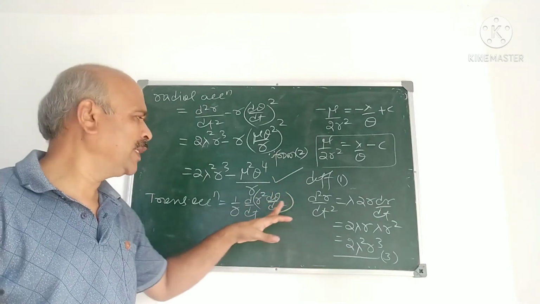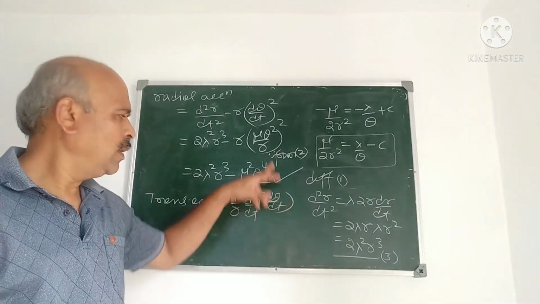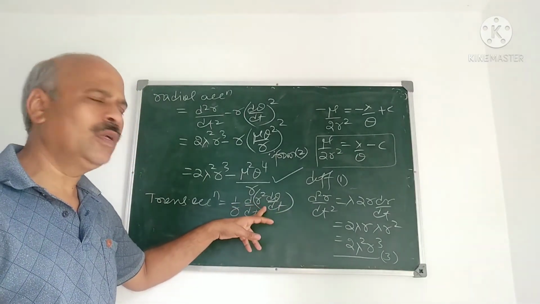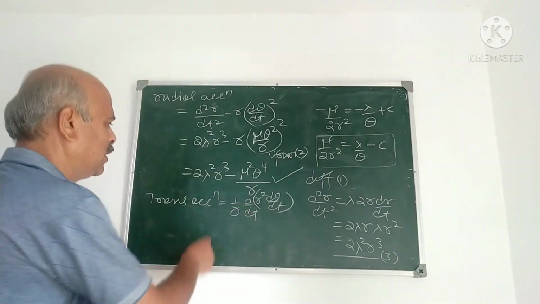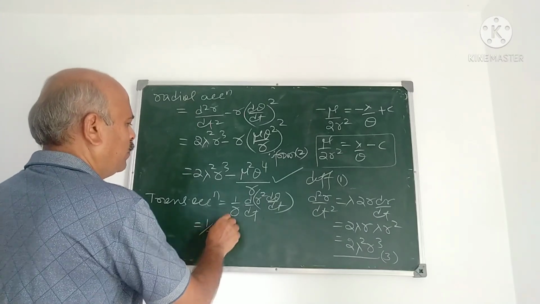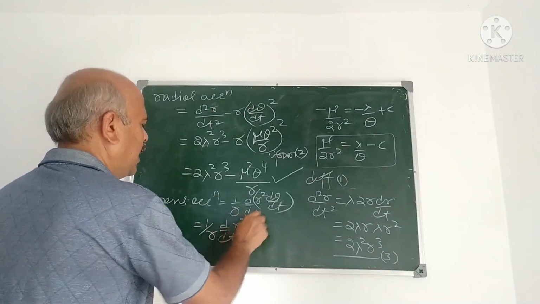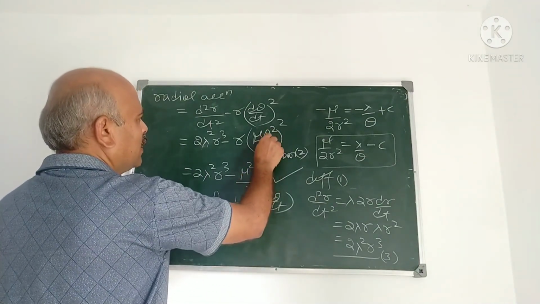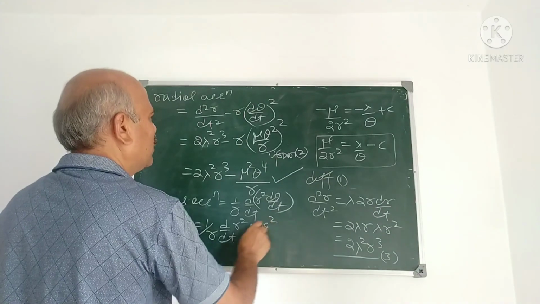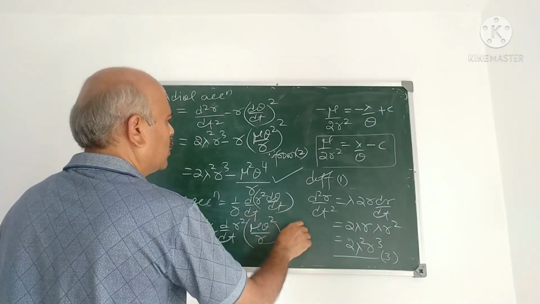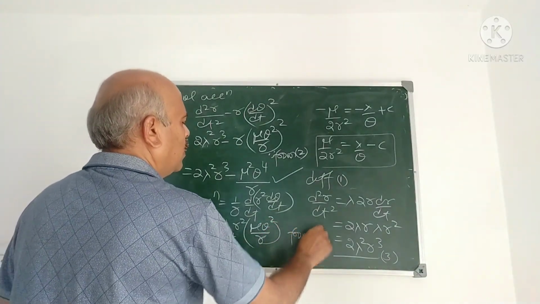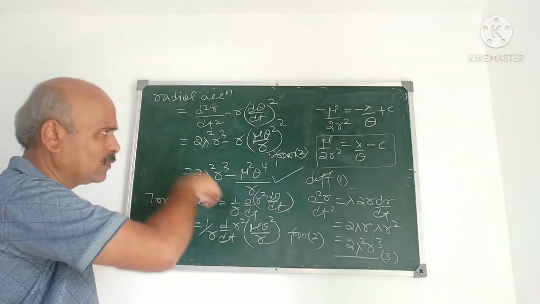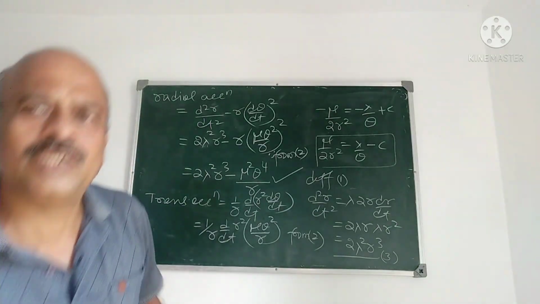Derivation is important from the examination point of view, and equally the formula, because while solving you must be able to apply it. What is d theta by dt? I have taken d theta by dt as mu theta square upon r, because from 2 we have this value. This you have to differentiate.